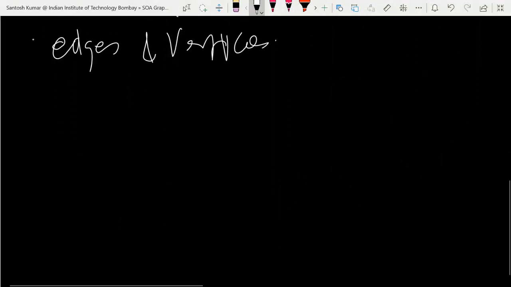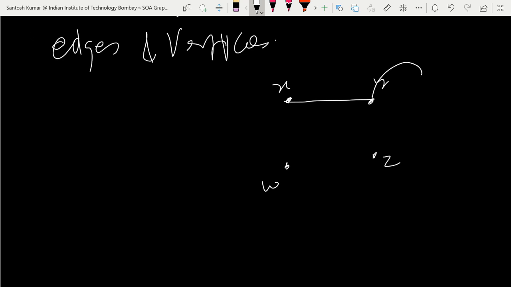So we can make one graph, like suppose x, y, z, w. These are four vertices. This is edge xy. There is an edge from y to y, so that starts with y and ends at y, and you may join y to w.